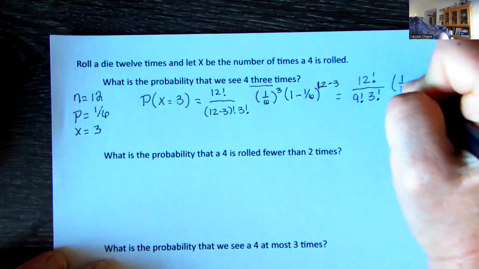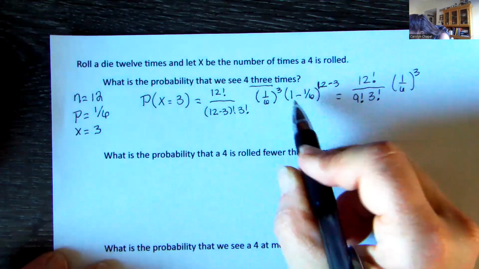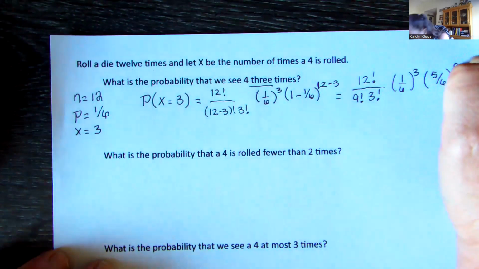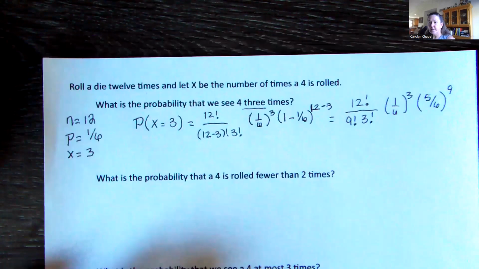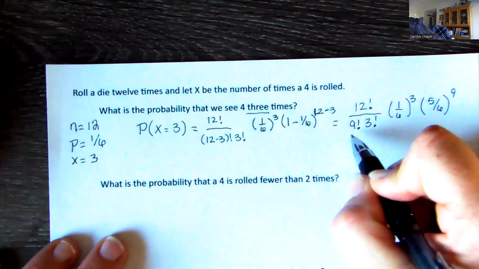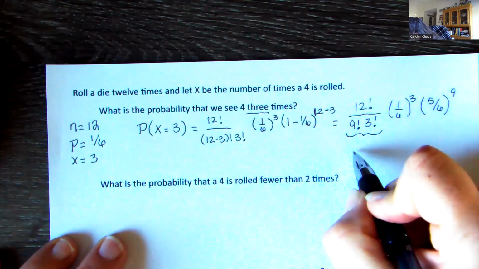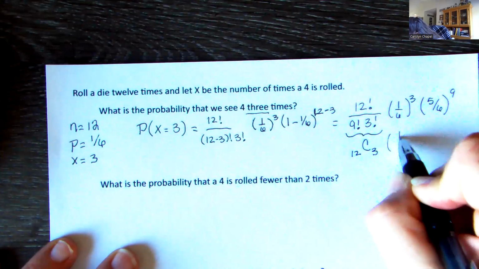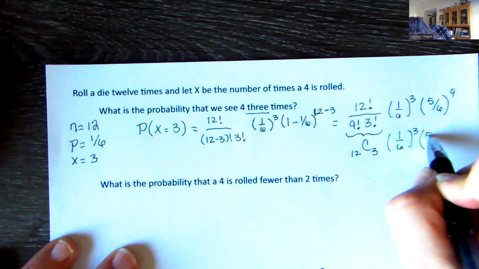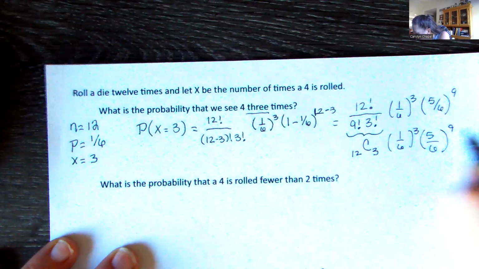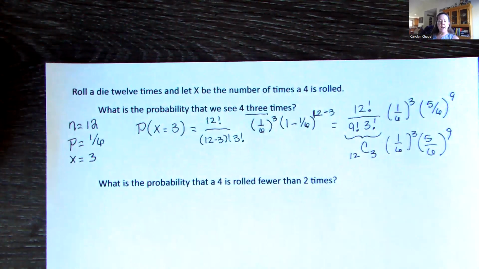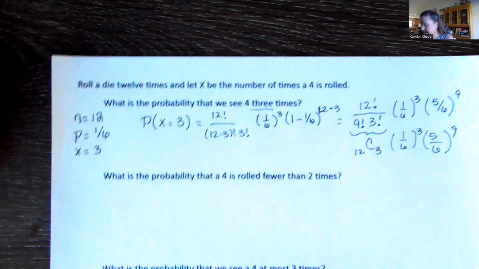We'd have 1/6 to the third, and 1 minus 1/6 is 5/6, to the 9th power. You would either calculate it this way on your calculator, or this would be 12C3 times 1/6 to the third times 5/6 to the 9th. Like I said, I'm going to set these up first, and then we'll go to our technologies to solve the 3 pieces that we have here.